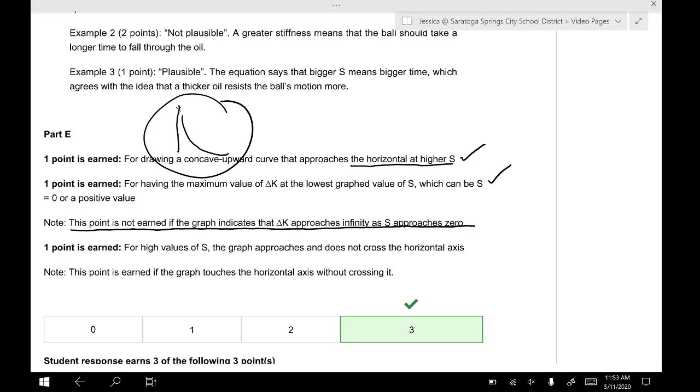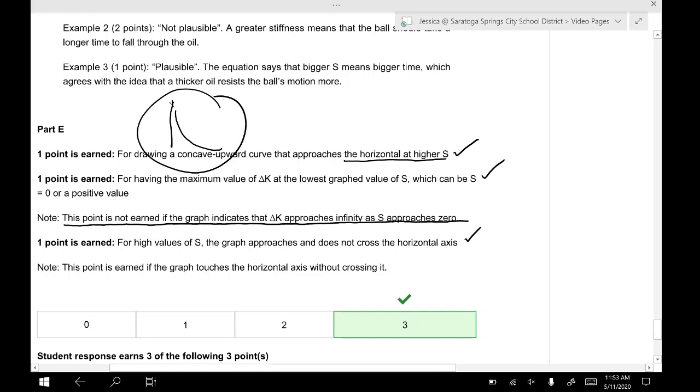And then you get another point for high values of S. The graph approaches and does not cross the horizontal axis. So in the sense that you have another asymptote at the horizontal axis. Now, if you cross it, that's no good. You don't get that point. But this note here says if the graph touches the axis without crossing it, you can still get that third point.